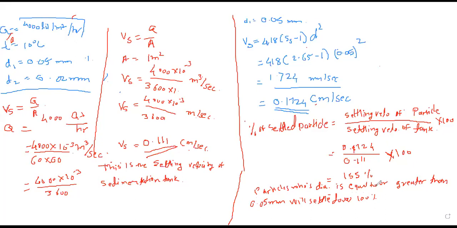So you can write down the answer as: particles whose diameter is equal to or greater than 0.05 mm will settle down 100% in the sedimentation tank. Okay, write down this answer.